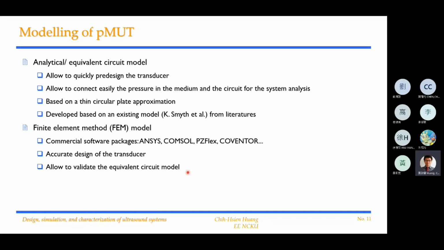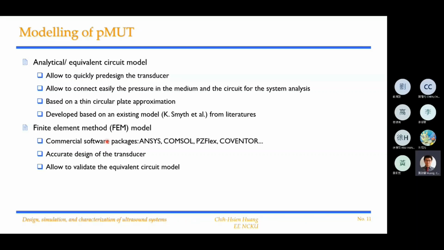Especially when you want to sweep some parameters, like different radius, different thickness, and you want to find which resonance frequency can bring you the most acoustic pressure. You are not sweeping the parameters with the FEM model, because each run may take you a few hours or even a few days. And if you want a more precise simulation, you have to spend more time.